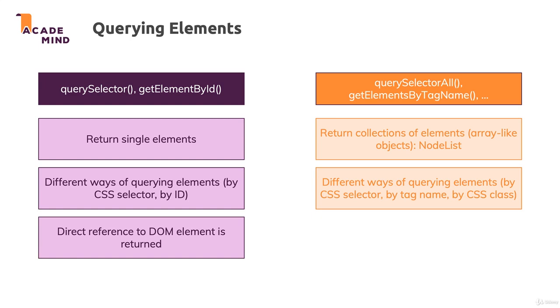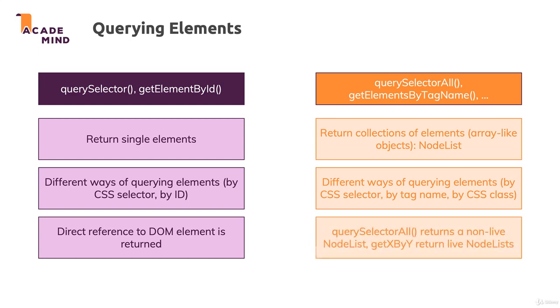Now, one important difference here, which I want to mention right away, which often will not matter, but still is worth being mentioned, is that querySelectorAll will give you a non-live node list, so a snapshot of the currently rendered DOM, whereas these getSomethingBySomething methods, like getElementsByTagName, return a live node list, which means that if you then add or remove elements, which we'll also learn throughout this module, you'll see that reflected in the list which you loaded through the getSomethingBySomething method.